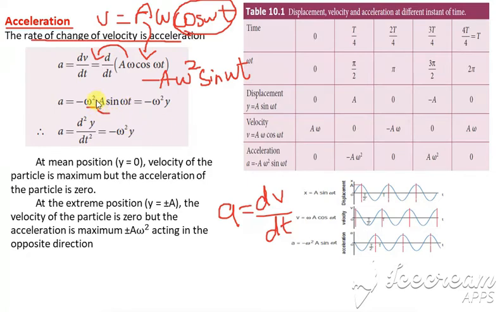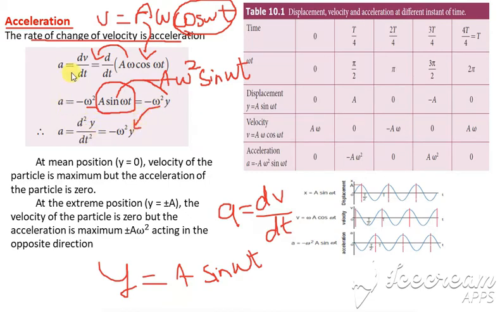Now what is this a into sine omega t? That is the first equation which we saw, that is displacement. Displacement y is equal to what? A sine omega t, is it not? So instead of this a sine omega t, we are writing as y. So a, which is equal to d square y by dt square, which is equal to this. This is the equation which you are writing instead of dv divided by dt.